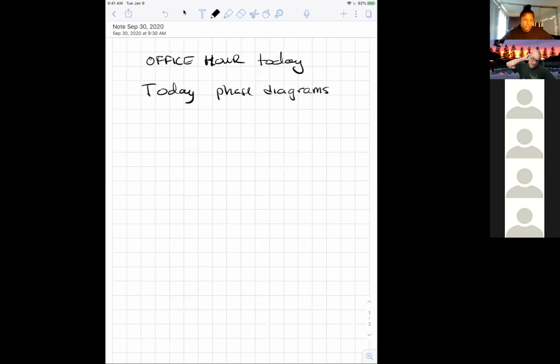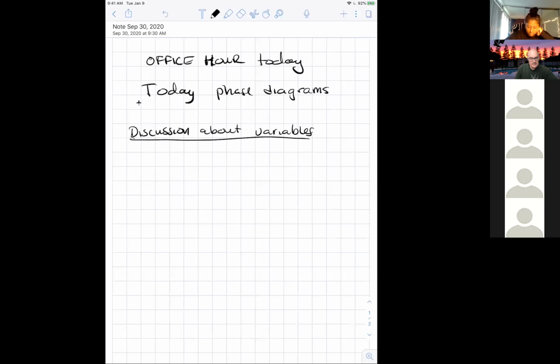So mostly today is going to be discussing and trying to understand and work with phase diagrams. The first part of this in DeVoe is a discussion about variables. And this is really a question of how do we know either what variables we're going to use to control our system or describe our system.